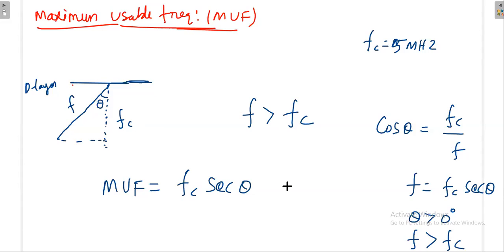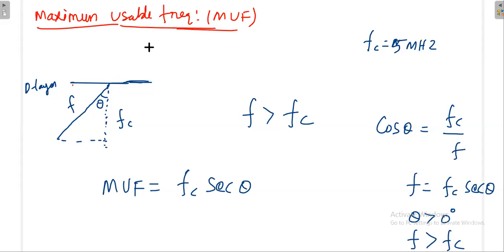The maximum usable frequency depends on both the critical frequency of the layer as well as the angle at which you are launching your signal, for a particular layer. Because if you use some other theta, maybe that signal may not get reflected through the D layer. It may go somewhere else. That is the idea. So this is the definition of maximum usable frequency.